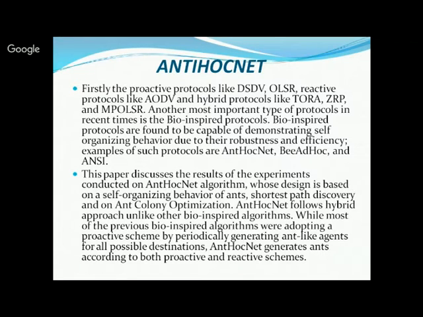Such a new or novel method or hybrid method you can think upon, so that you can get a new protocol and compare it with the existing protocols, so that your work gets validated.